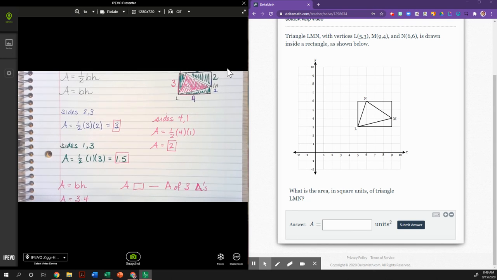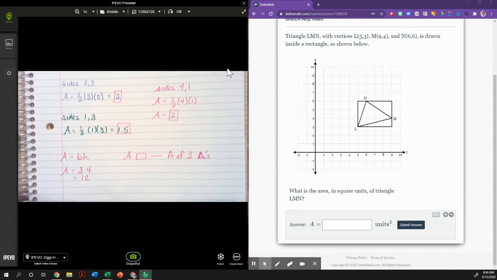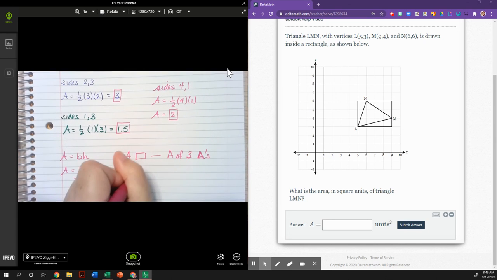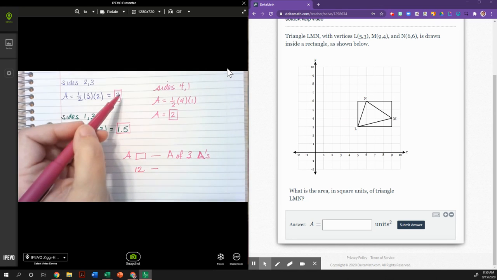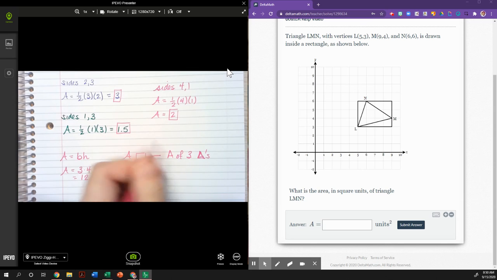Okay, all right. So if I take the area of the rectangle, which is 12, and I'm going to subtract the area of all 3 of these triangles. So 3 plus 2 plus 1.5. So 12 minus, well, 3 plus 2 is 5. 5 plus 1.5 is 6.5.